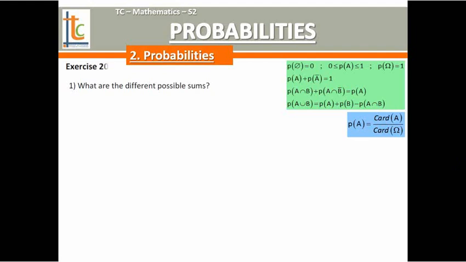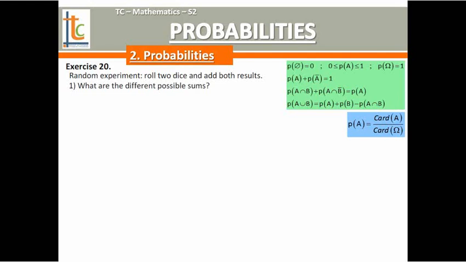So a last exercise, exercise 20, random experiment: roll 2 dice and add both results. What are the different possible sums? If you roll 2 dice and add both results, the lowest sum is 2 with a double 1, and the highest sum is 12 with a double 6.